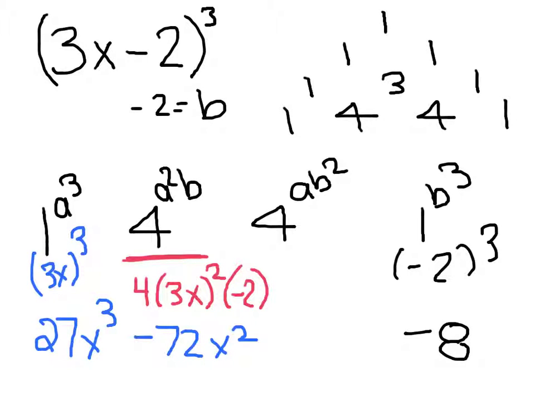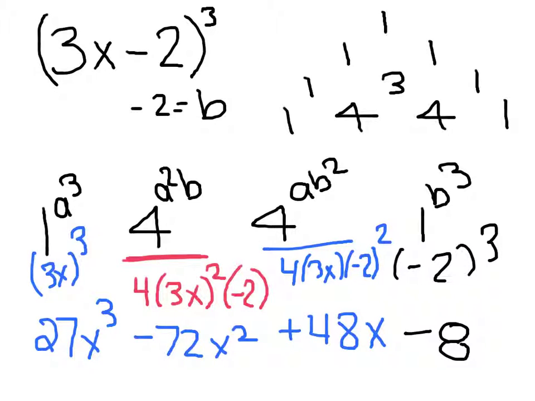And then for this last one, I'm taking 4 times 3x times -2 squared. That's 4 times 3, which is 12, times 4, which is 48, and it's a positive 48.